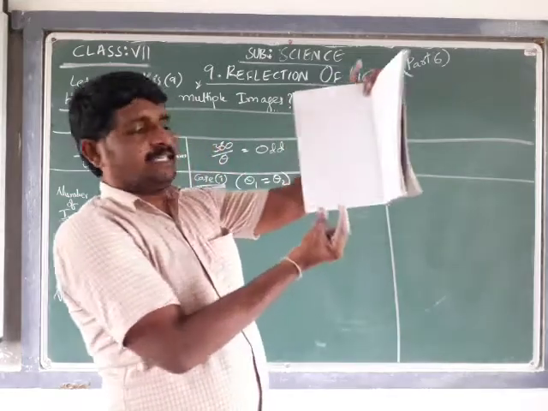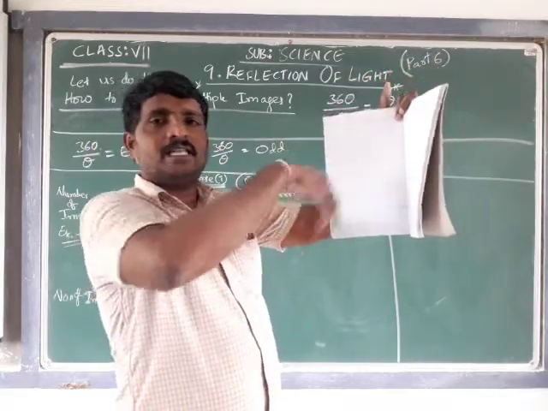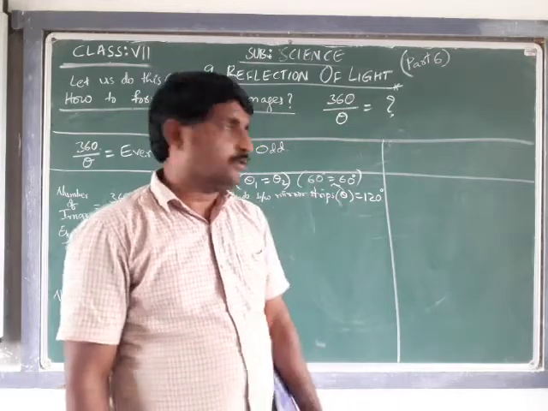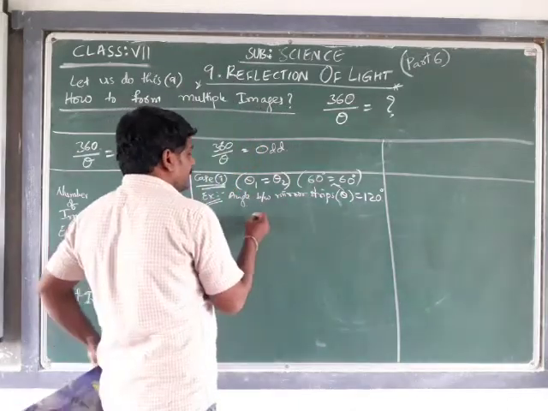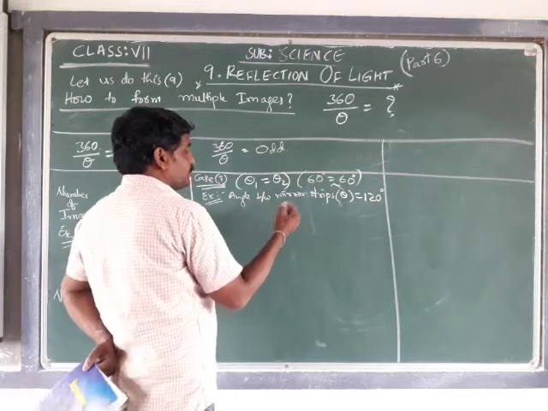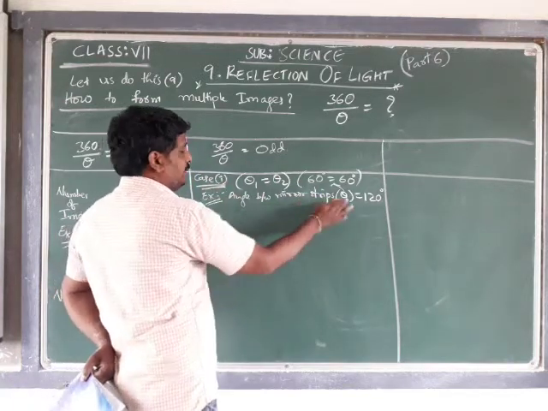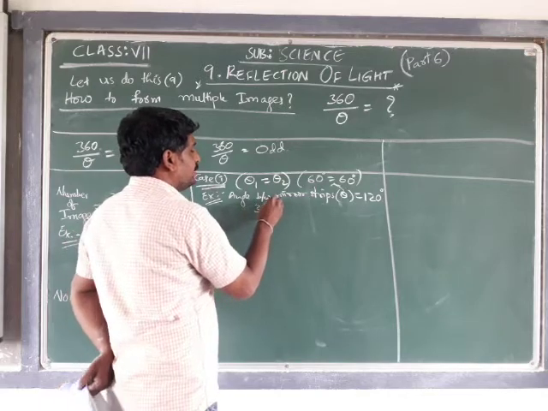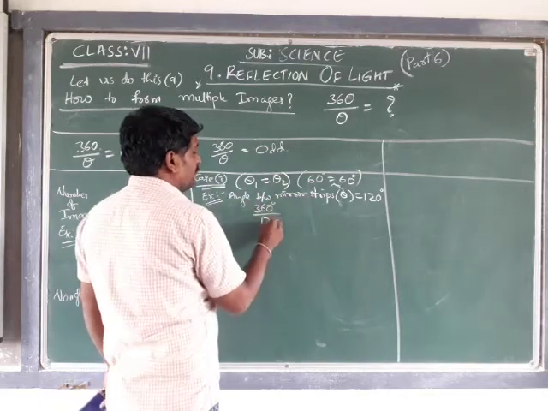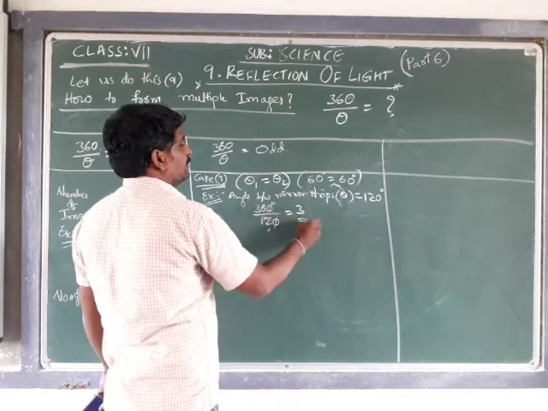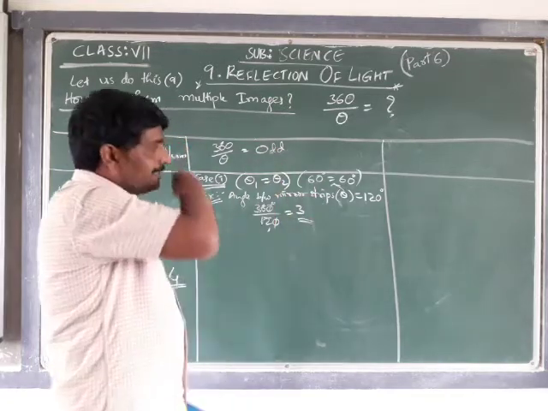Exactly like that, the object is placed equally dividing that angle. Then we see the nature of theta: 360 by 120 is equal to 3. That is an odd number.